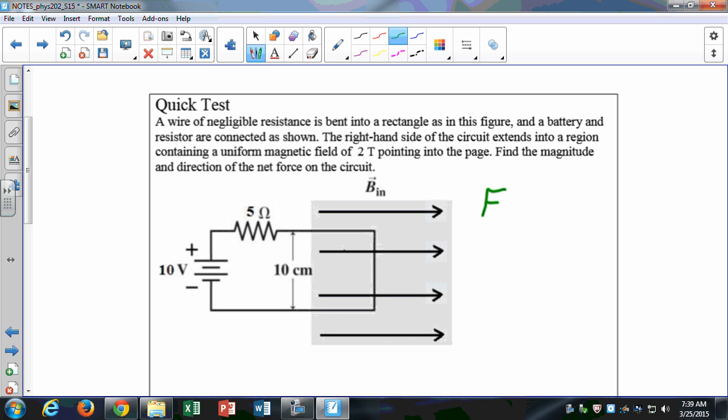Remember, F is equal to I L cross B. First thing you want to do is find the current, and find the direction of the current, and then you want to do this cross product. Although, remember this is just I L B sin theta, so it's pretty simple.